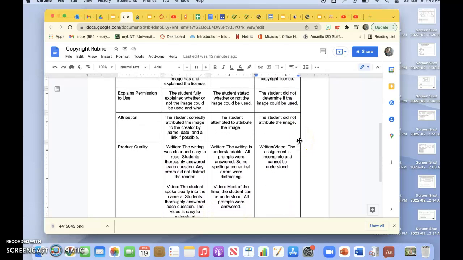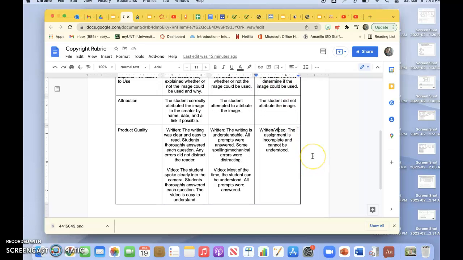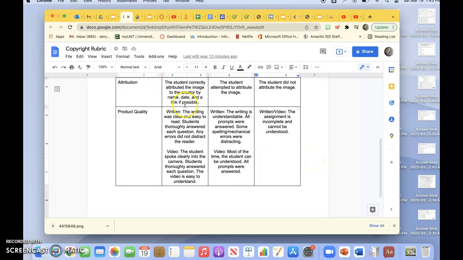Explains permission to use, so the student can explain whether or not they have permission to use that image based on the license and why. Or they are just able to state whether or not the image could be used, or they're not able to determine if they have permission to use it based on the copyright license. And then attribution. The student correctly attributes the image to the creator by the name, the date, and a link if possible.